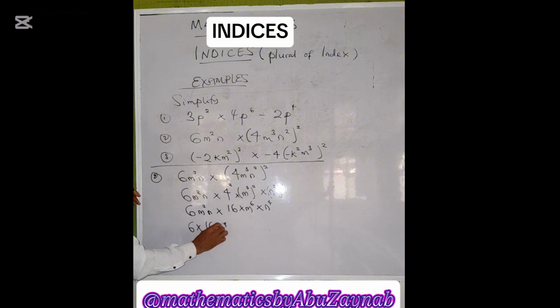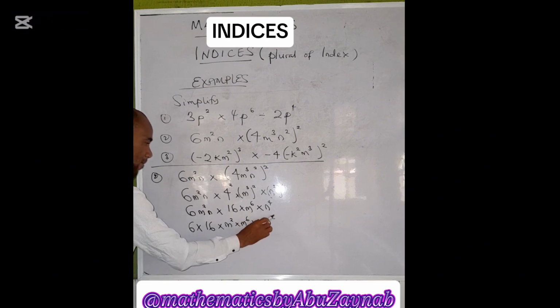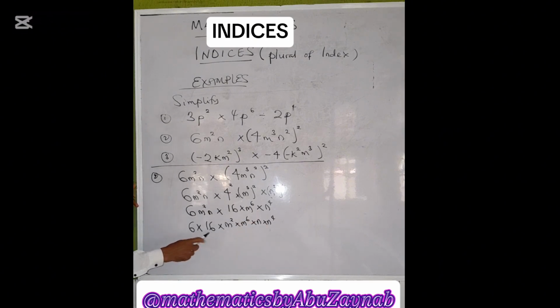Then the letters now. Taking the m's first, m squared, m^6, then the n, and n^4. So 6 times 16, that's 96. Then the law of indices is applicable basically to same bases.